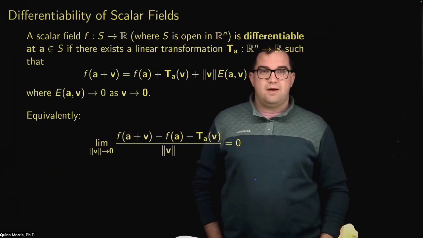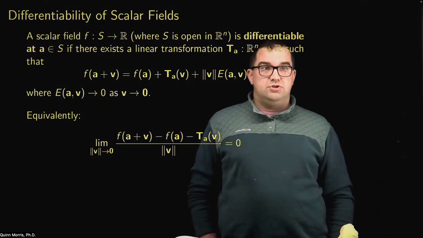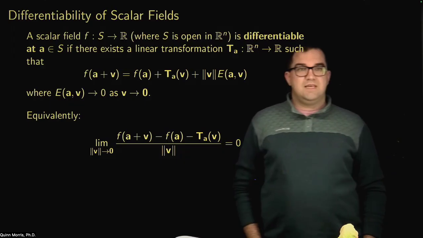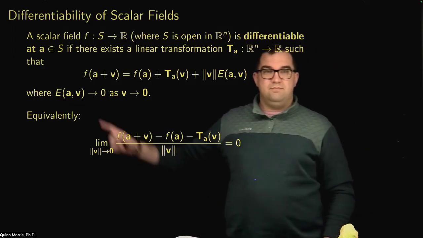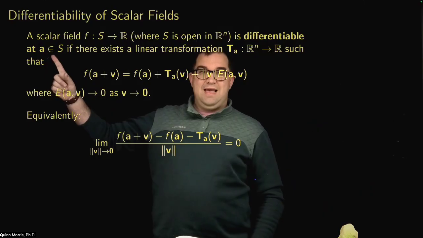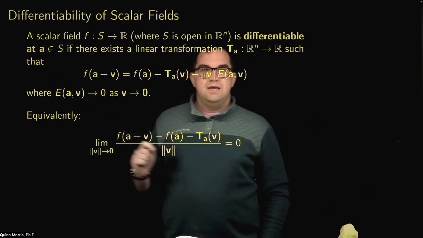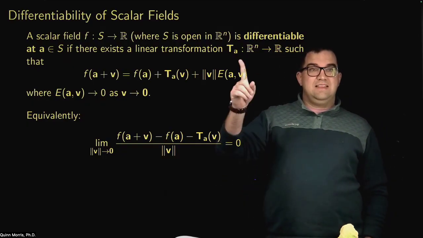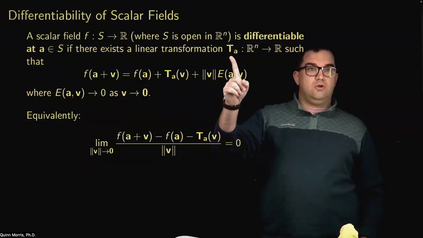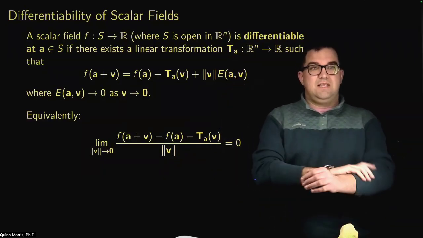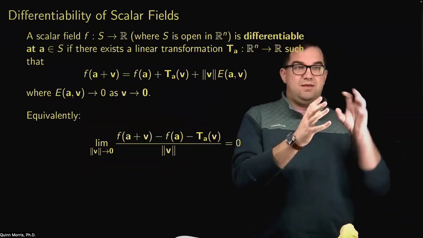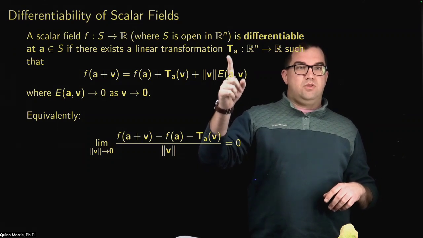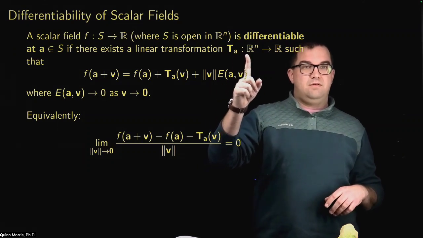If I want to think about a scalar field f, which is going to map from some open subset S of Rn into R, then I'll say that it is differentiable at a point A, where A is now a vector in S, if there exists, now I don't have a scalar, I have a linear transformation, which I'm going to call T sub A. Just as f prime of A depended on A, this linear transformation depends on the point you're taking the derivative at.